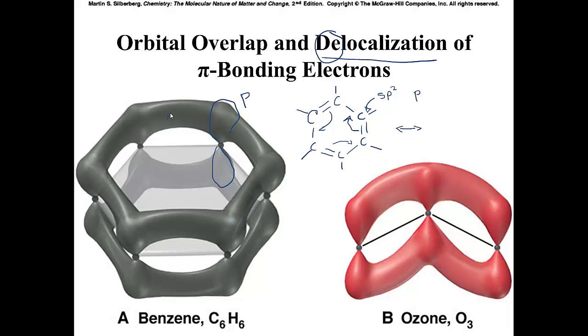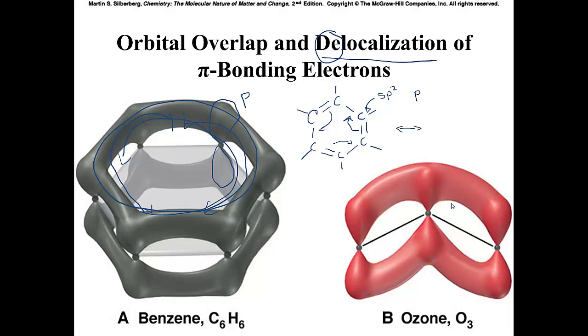So the electrons don't have to stay just in this area, but in fact are able to move all the way around any which way they want up around this ring. And they could even go down below too. So the electrons we say are delocalized, these pi electrons are delocalized around the ring. The sigma bonding electrons, however, are not. They are fixed in this region of space between these two atoms.